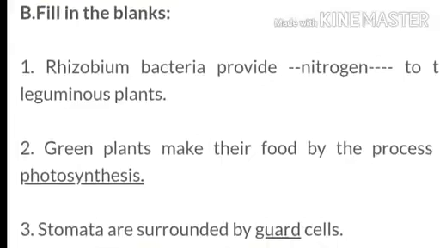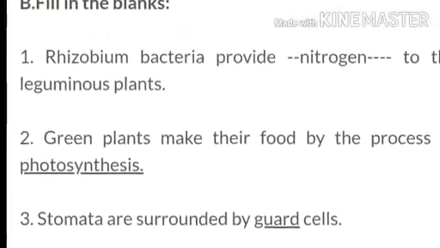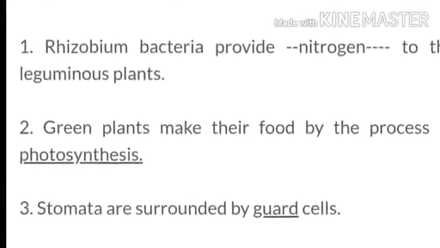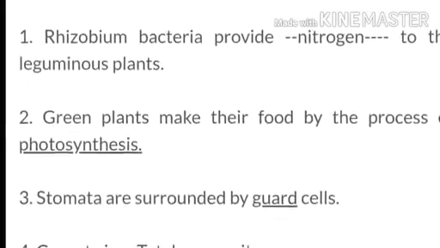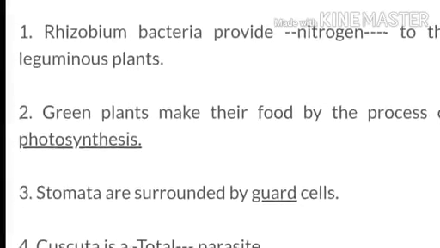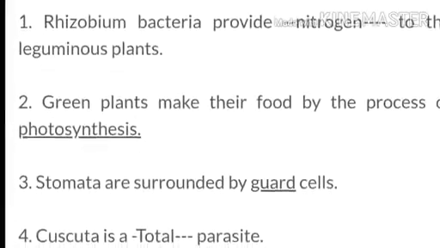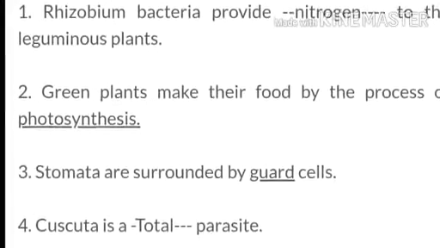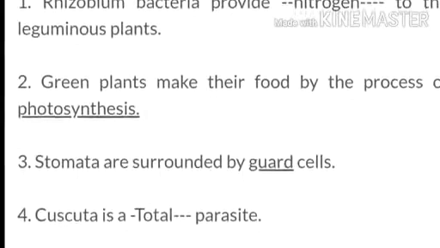Now fill in the blanks. First, Rhizobium bacteria provide dash to the leguminous plant. We know the correct fill up is nitrogen. Second, green plants make their food by the process of dash. You all know very well, the correct answer is photosynthesis. Now third fill up, stomata are surrounded by dash cells. So stomata are surrounded by guard cells.